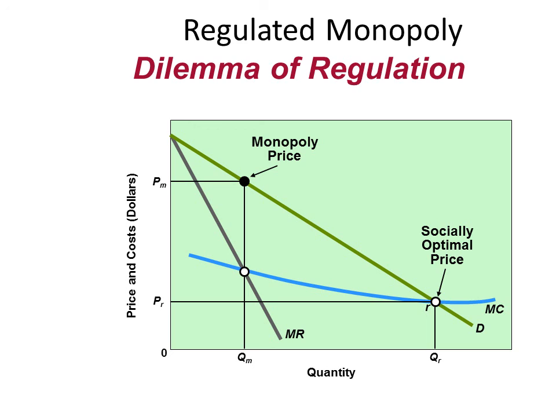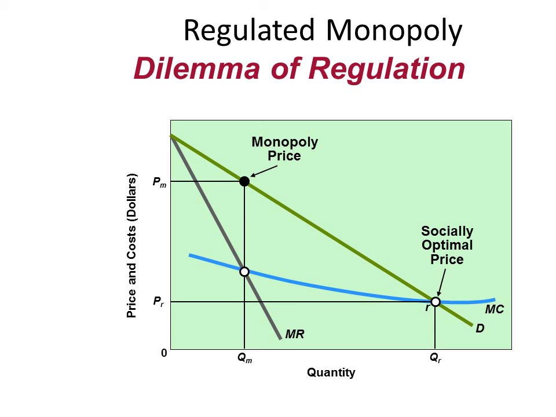We call this the socially optimal price. Notice that in this situation, price equals marginal cost, right? Notice how far price drops from PM level to PR, socially optimal price. Notice the significant increase in quantity of output from QM to QR.